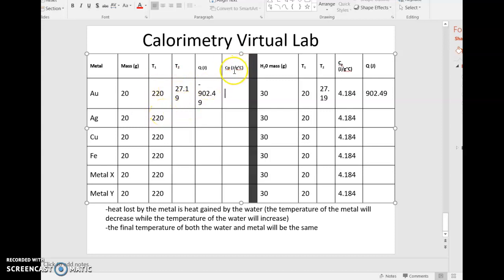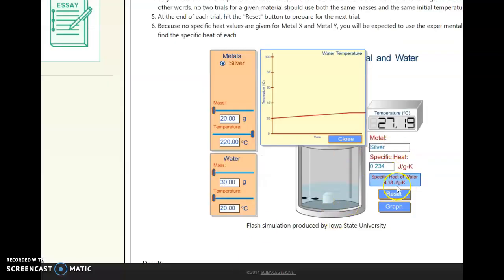In this case, it would be 902.49 divided by 20 times this change in temperature, which is 192.81 degrees Celsius. If you do that, you get a value of 0.234. That's the specific heat of silver. If I were to check it, you would have gotten the same thing.